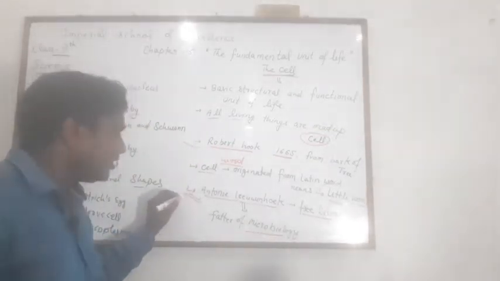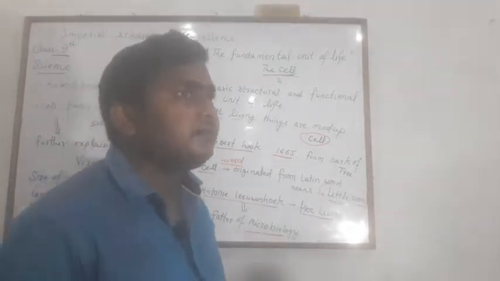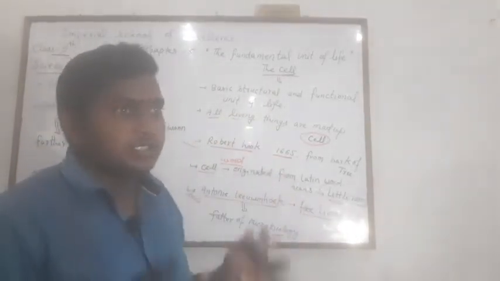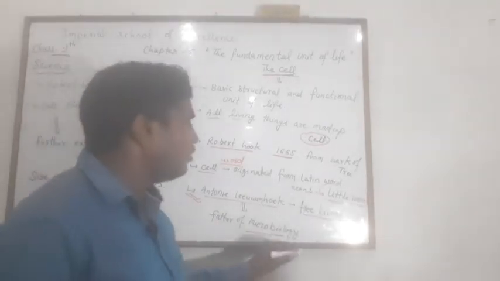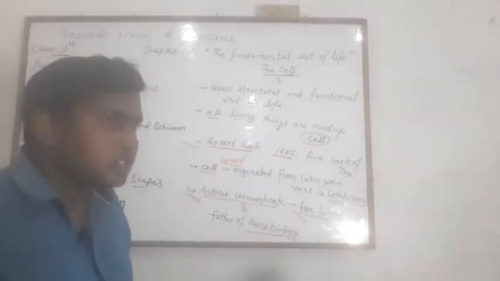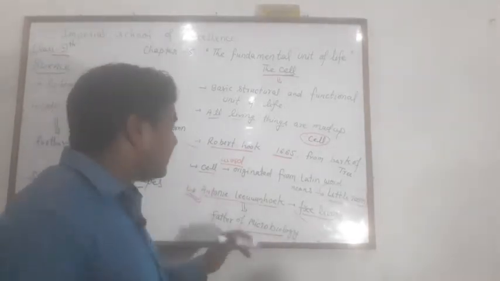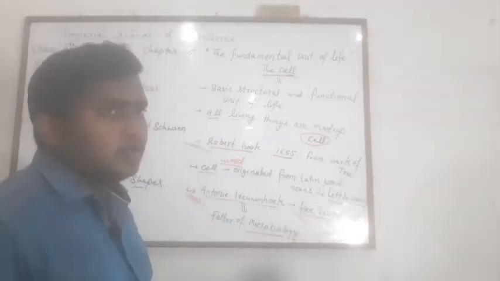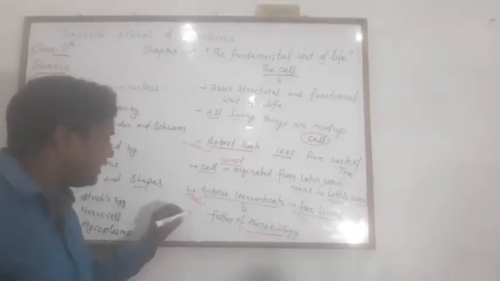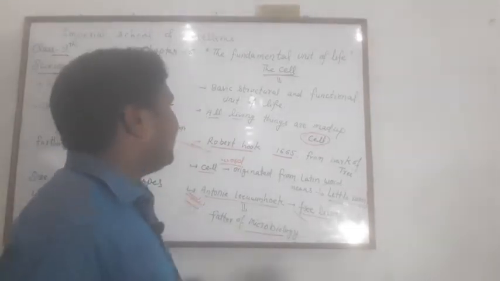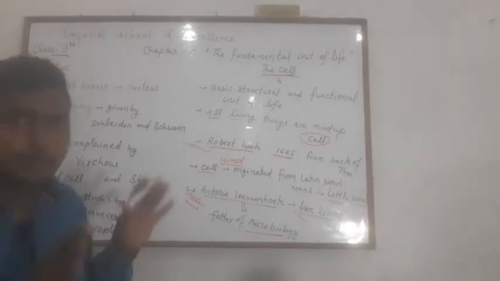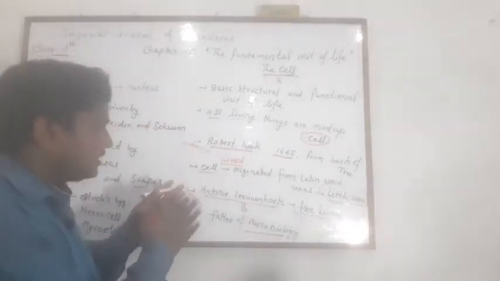He made an advanced microscope and watched the pond water, and in the pond water he found free living cell. Okay, so who is the discoverer of living cell? Anton Leeuwenhoek. Who is the discoverer of cell? Robert Hooke. The living cell was discovered by Anton Leeuwenhoek, and only the cell was discovered by Robert Hooke. Hope you are getting this point.